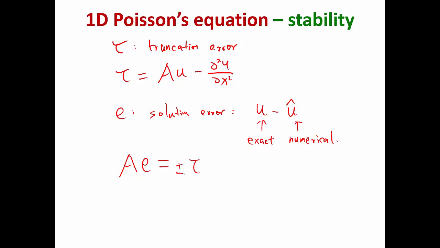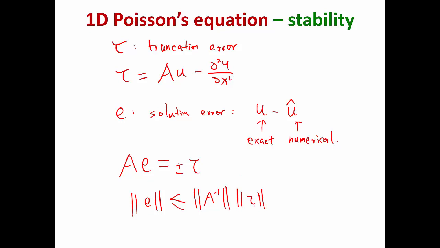All right, and that means the solution error E can be bounded by the norm of A inverse times the norm of tau.